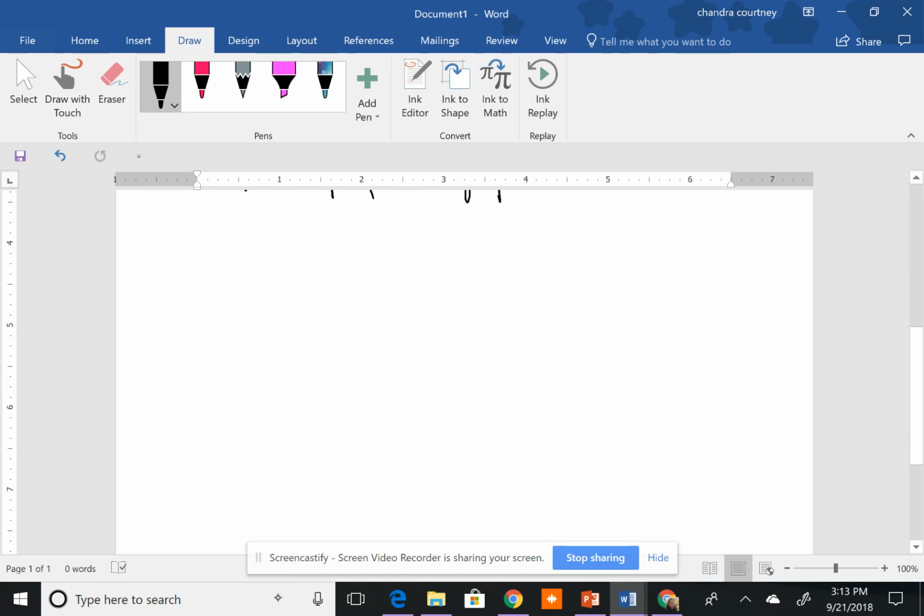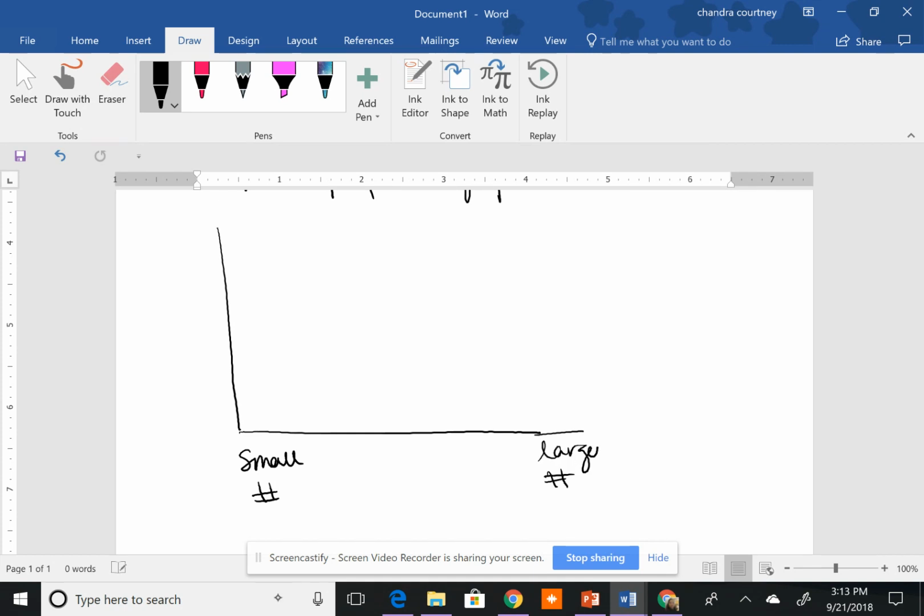So you had this graph, and we know that our smaller numbers were down here, and our larger numbers up here, which means that our medium or middle numbers are in the middle.